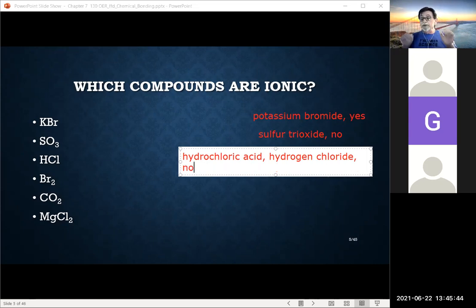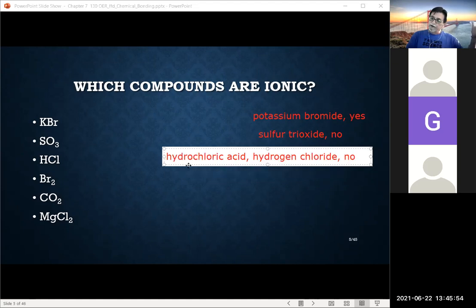Why might you be tempted to make it ionic? Because on the periodic table, hydrogen is on the far left side. You might be thinking, honest mistake, it's on the left side, it's a metal. But remember, hydrogen is the only non-metal on the far left of the periodic table, and it's there because it has one valence electron. So no, it is not ionic, and yes, it is a covalent compound.